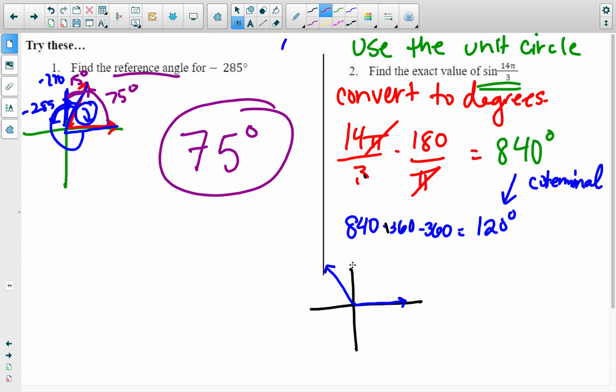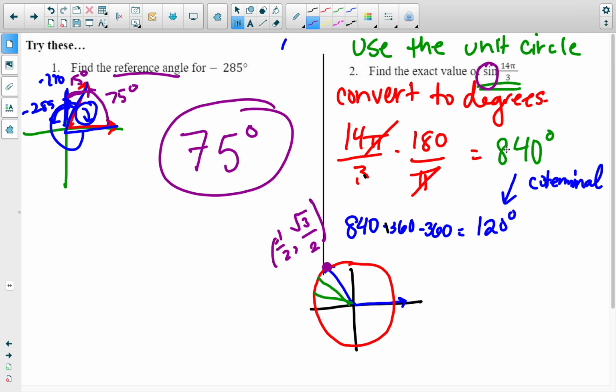So on our unit circle, if you think about when we constructed that in class, that point falls right here. So the top point, if you will, in the unit circle has the coordinates negative 1/2 comma square root of 3 over 2.